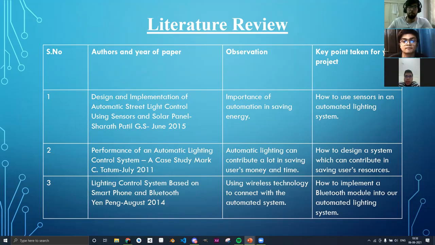We observed the maximum extent up to which these papers were able to save energy, and through our project, we have used certain optimizations that helped us to save more energy than the current prevailing techniques. Next slide.